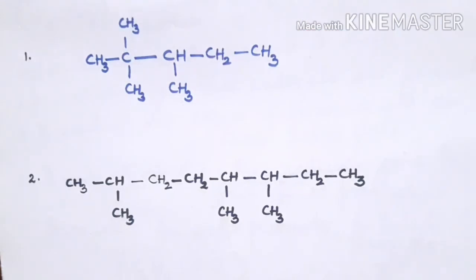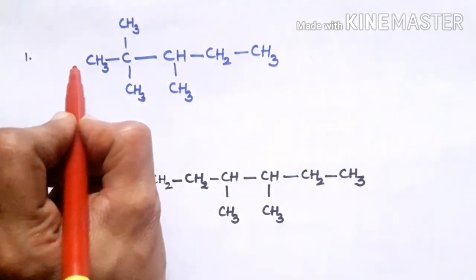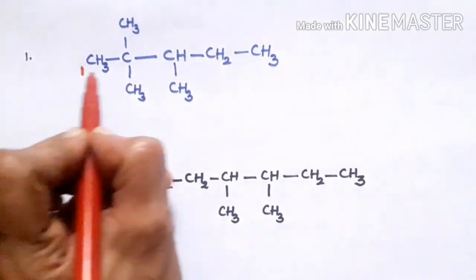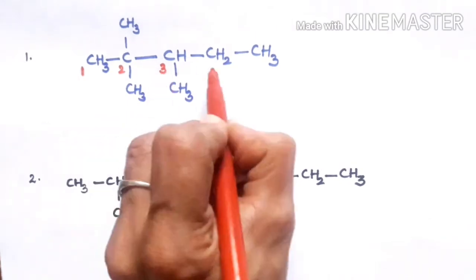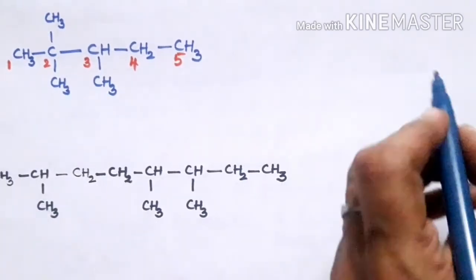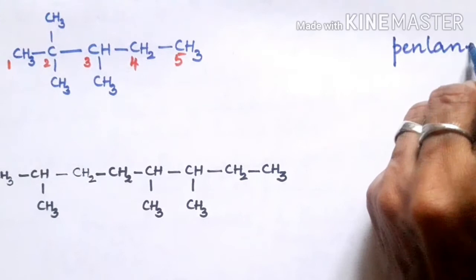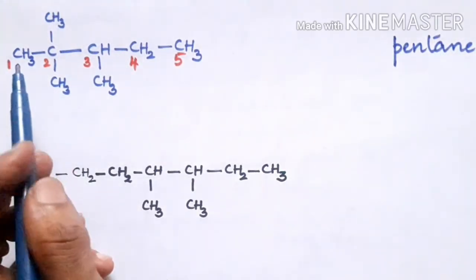Name the following compounds. First one, which is the longest chain here? Evidently, it is from left to right. 1, 2, 3, 4, 5. It is a derivative of pentane. So the name should be ending with pentane. Now we have to decide upon which are the substituents.